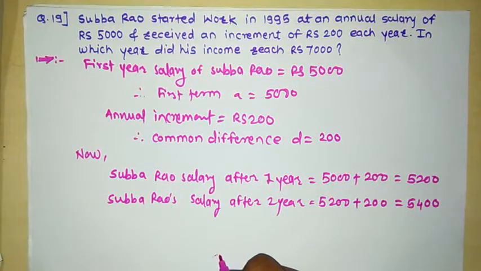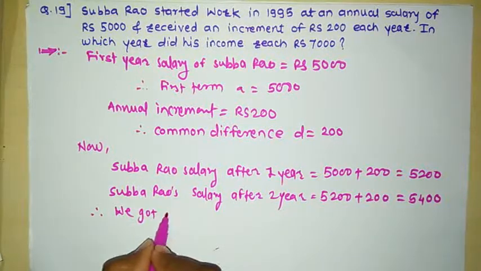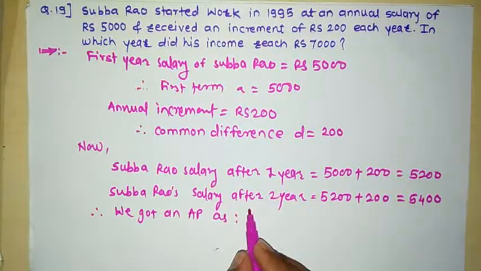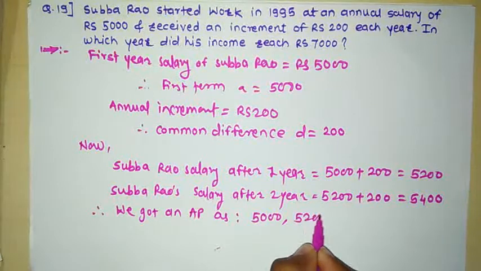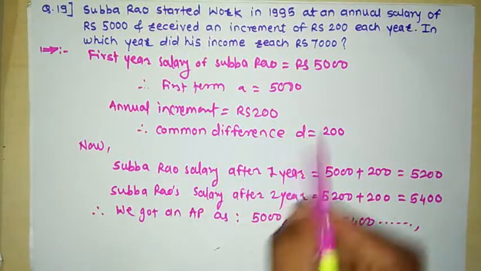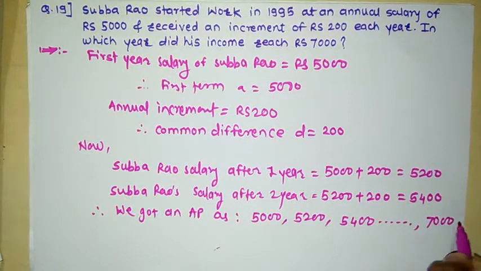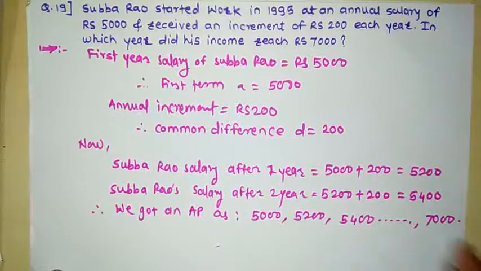Therefore we got an AP: first term is 5000, second term is 5200 and third term is 5400, like this, up to 7000. Here we have to find 7000 is which year's salary.